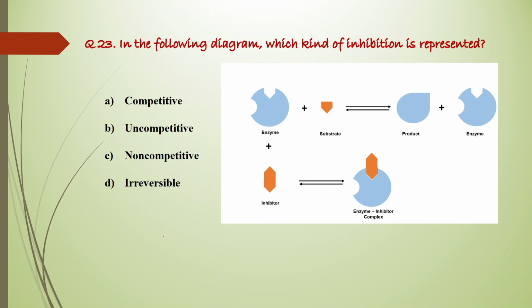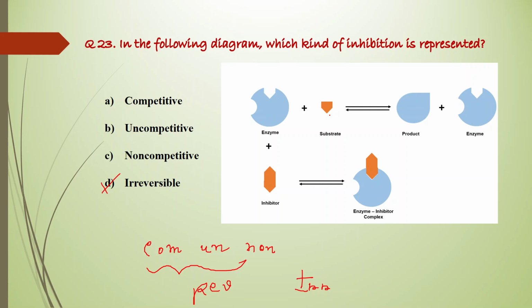So we already know that there are three types for reversible ones: competitive, uncompetitive, non-competitive. And then there is another one, that is the irreversible one. Now if we look at this question, the very important thing is, first of all, the fourth option is wrong. Why so?